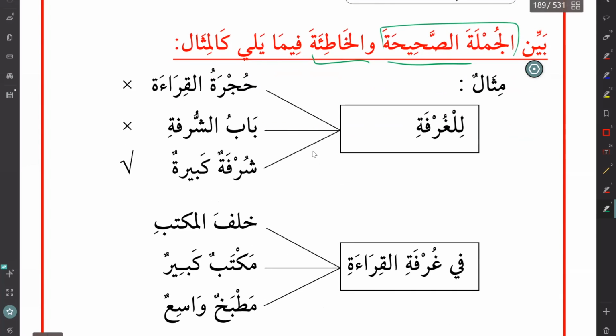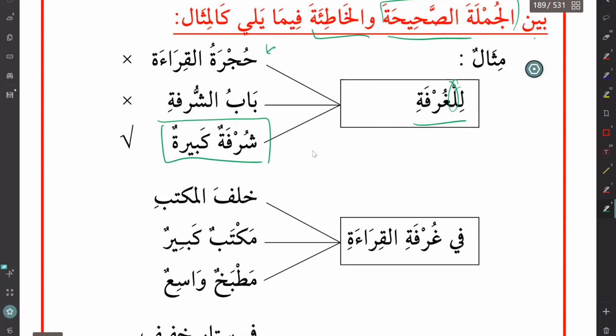So we have one example. It says lil ghurfati, for the room. We have alif lam here. The one that is correct is shurfatun kabira. So we can translate lil ghurfati shurfatun kabira: for the room, there is a big balcony. When we have something like lil ghurfati, we have to translate it as belongs to, or like it has.